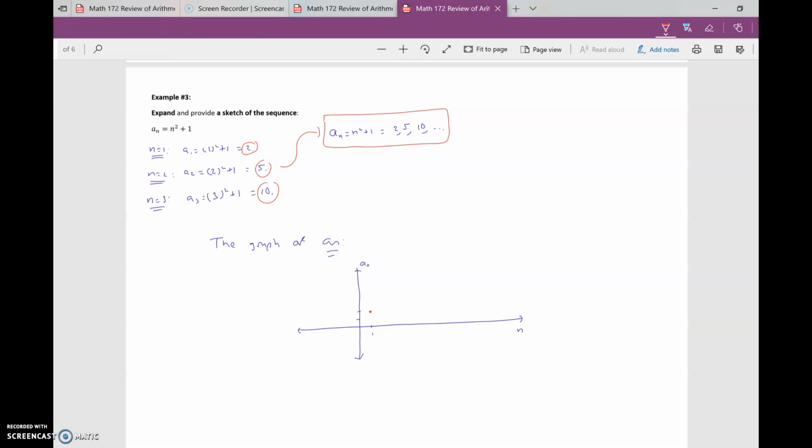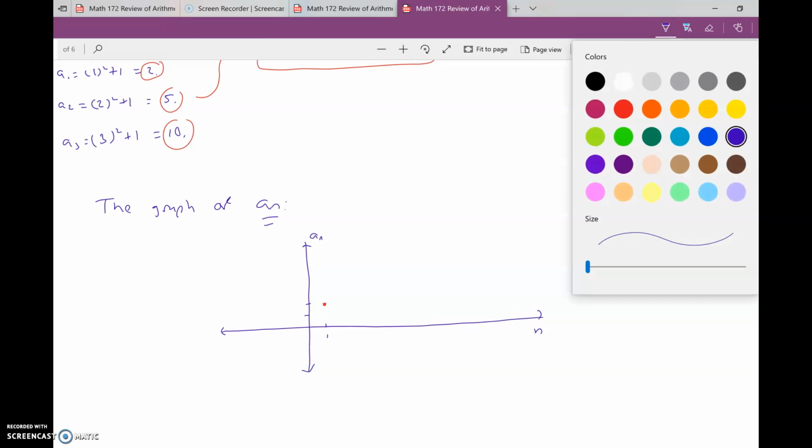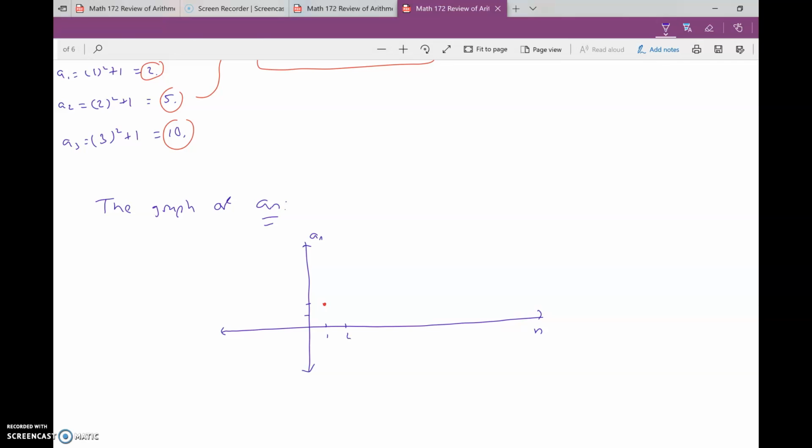The next one occurred at 2, so this will be 2. Let me actually change colors. So at 2, your y value was 5, so 1, 2, 3, 4, 5.